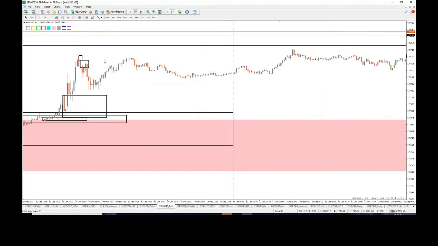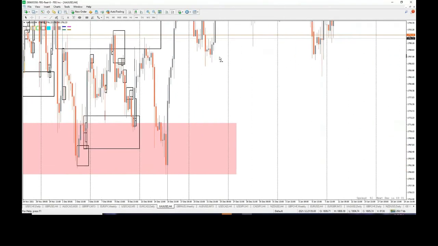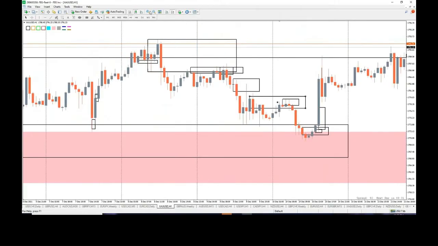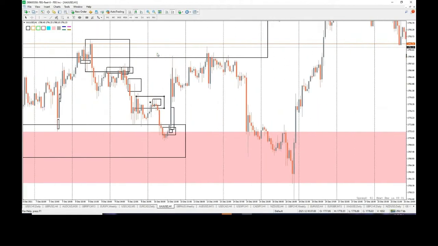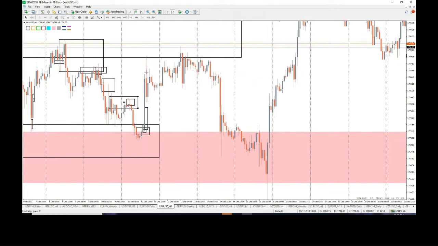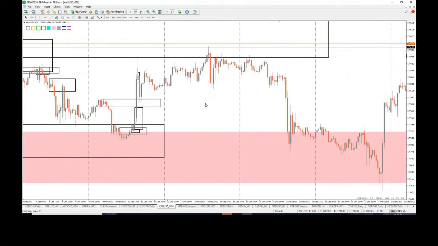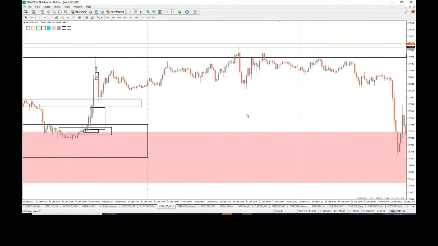Why did the price stop here? I'm a bit lost. This is an H1 zone, right? Yeah. At the H1 zone, we can go for M30 or M15 to make an engulfing buy, but there's no engulfing buy on M15, right?